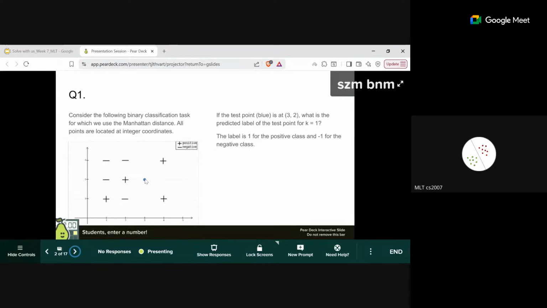Now the point marked in blue color is the test point. So the question is, if we use the Manhattan distance to calculate the distance between these points, then what is going to be the predicted label of the test point for k equal to 1? This is the question.